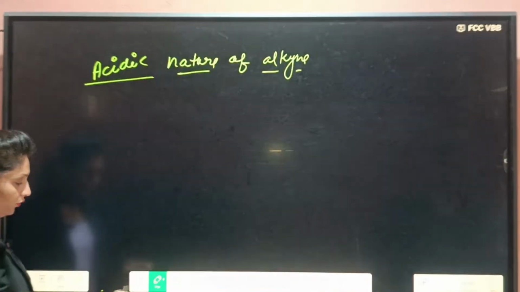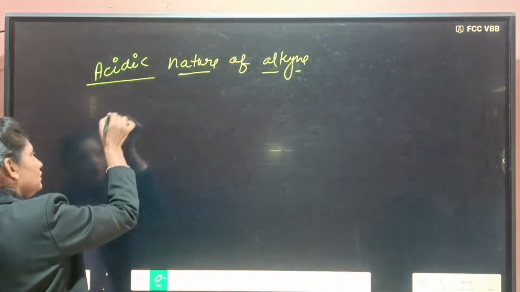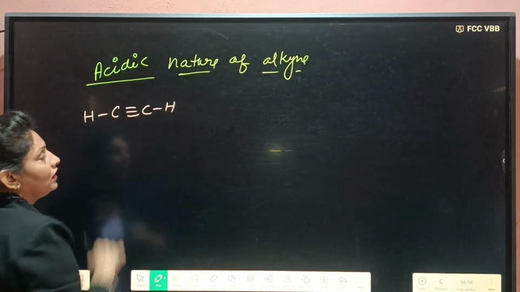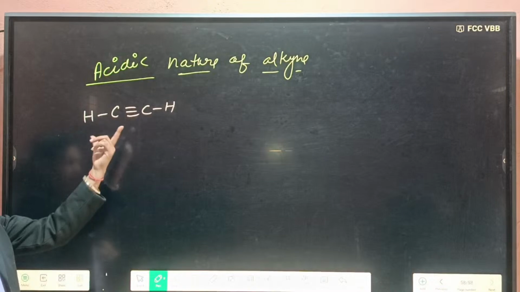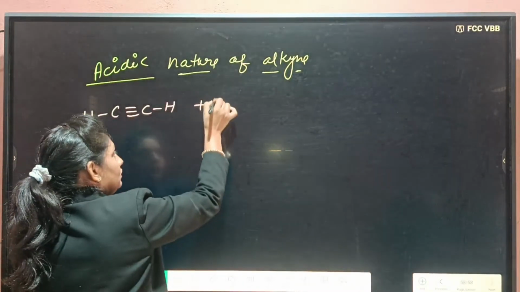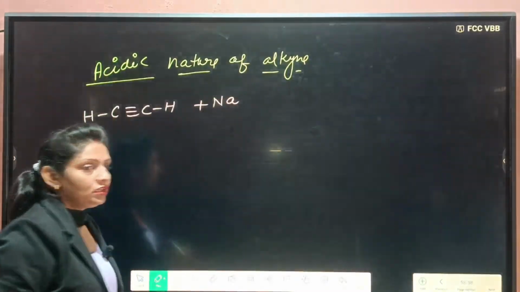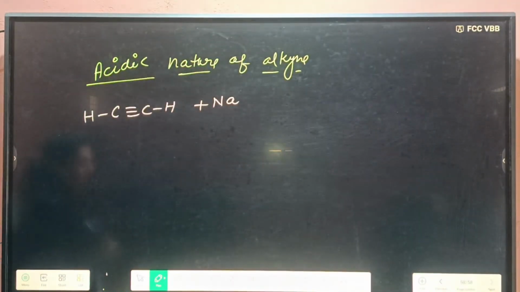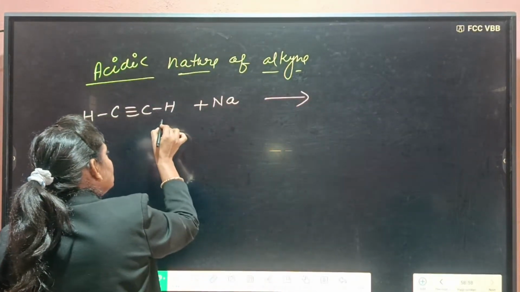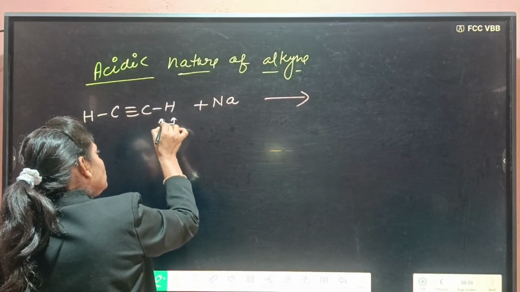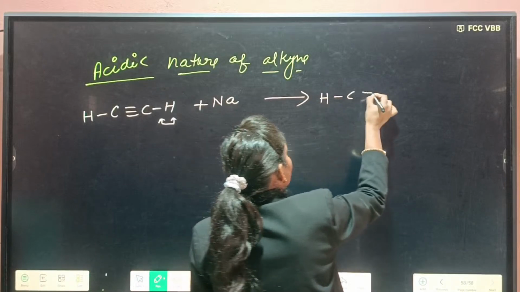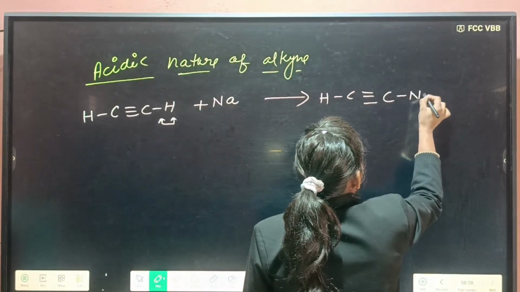Students, you know, when we react the alkyne, I am having ethyne here, with sodium metal, then here we get sodium ethynide, this H gets removed and replaced by sodium.